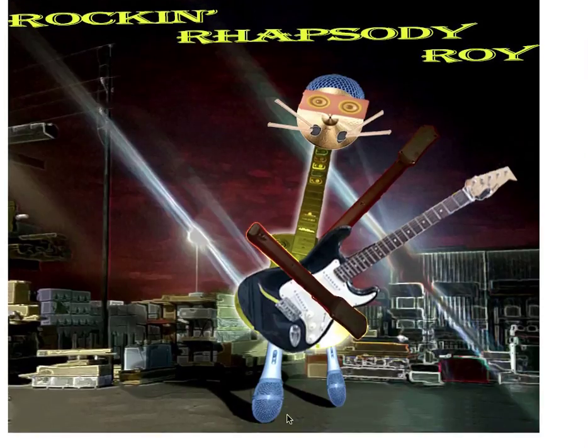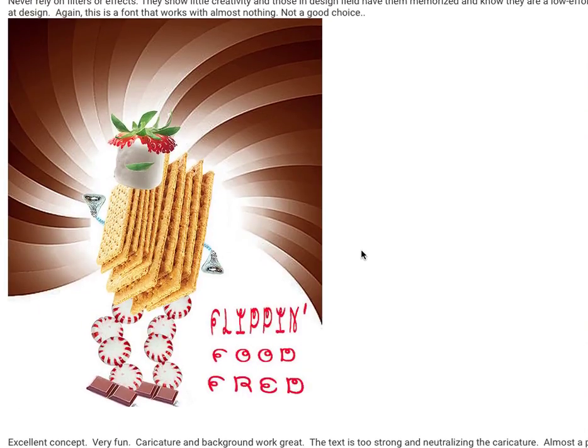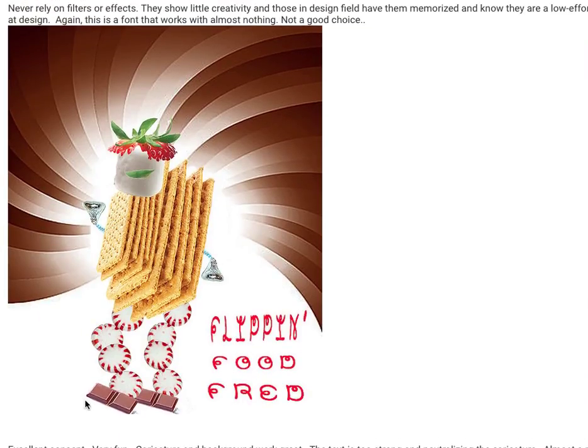This too, he spent a lot of time, not perfect. Kind of a cool caricature, right? But the background really doesn't help, and neither does the text. Really cool caricature, but the background and text kind of dominated a little bit. Same here. Cool caricature, really great ideas, but the background is just not working so great, or the text.